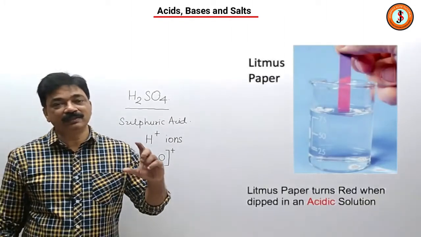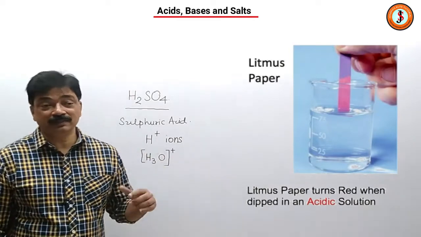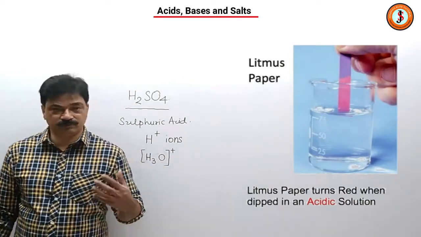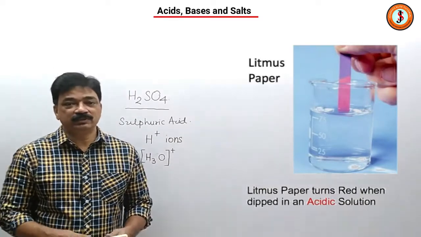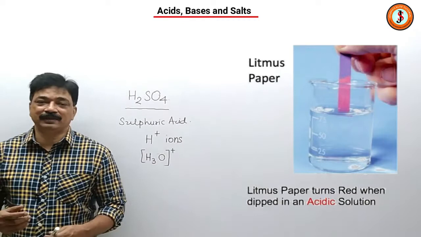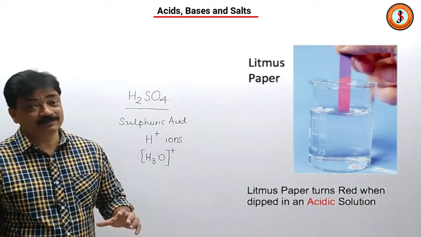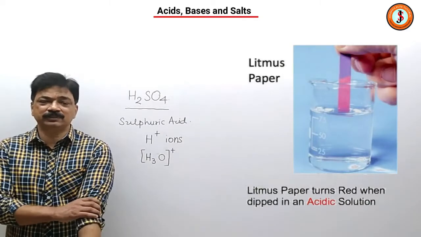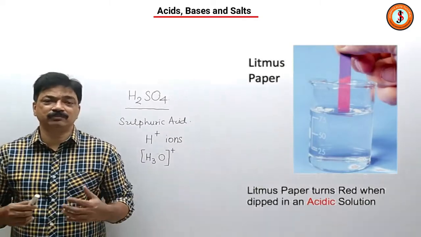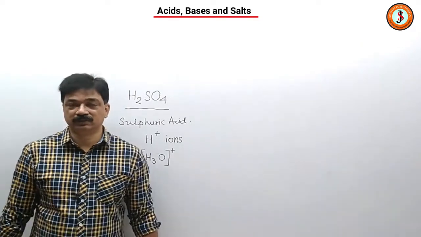There are certain indicators in which acids show changes in color or physical property. The first and best indicator to check whether a substance is an acid or a base is the litmus paper, and acids turn blue litmus red.